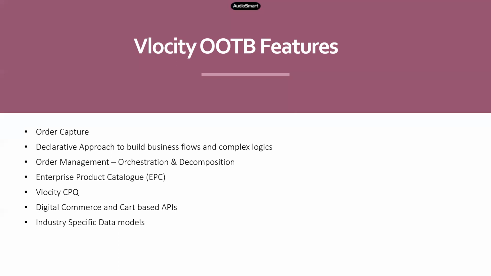Right? And Vlocity provides you the most dynamic order management process. And again, it's all simple configuration. Order management is nothing but what happens from the time the user makes a payment, right? Let's say I go and buy a mobile phone in Amazon. After I do the payment, Amazon's job is not done, right? They have to make sure that the product gets delivered to the end customer.